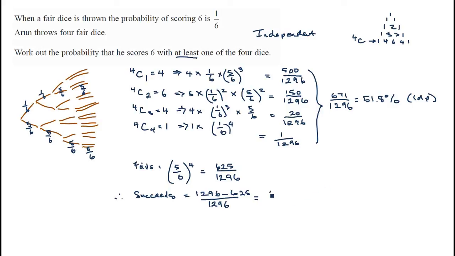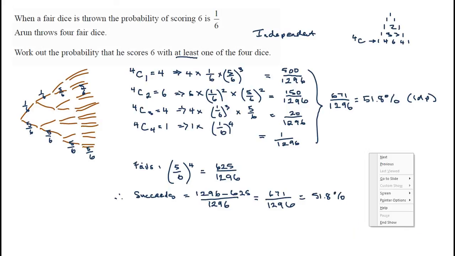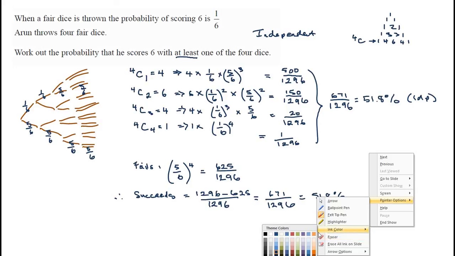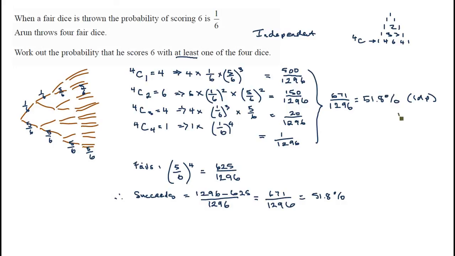There we go, 671 over 1296, which is also 51.8%. So that's given us a way of checking the result, or if we were pushed for time, it would be the quicker way of solving the problem.